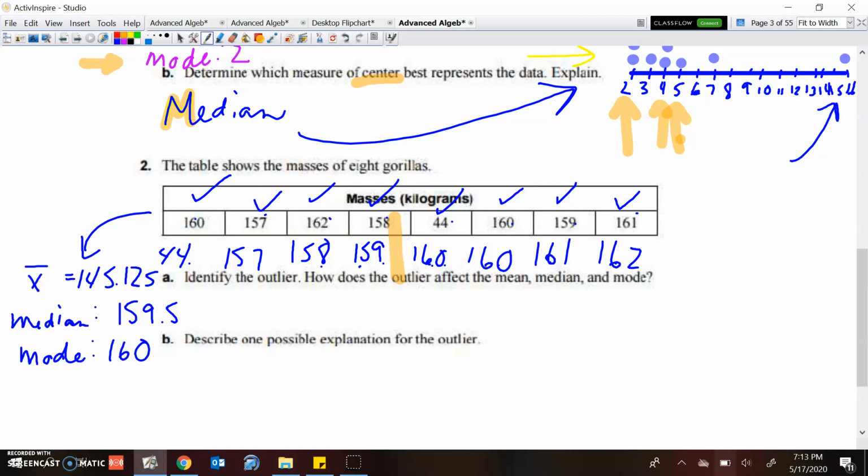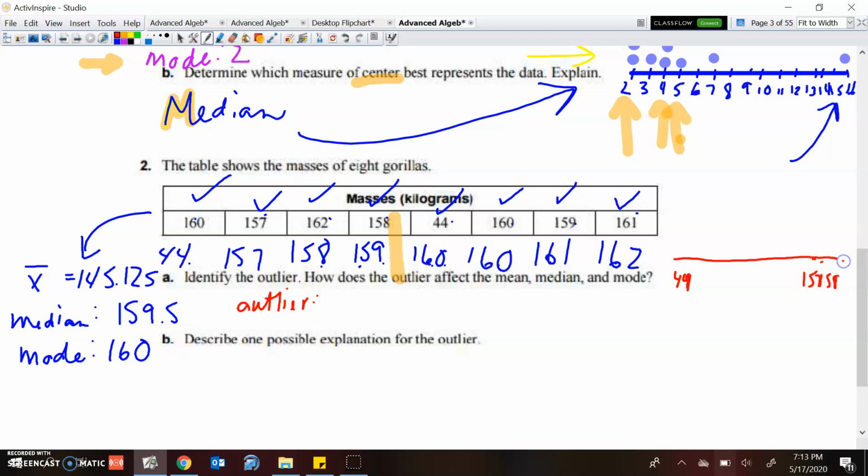Now, identify the outlier. In this case, if I look at my numbers, I could make a dot plot again, and I would see my first number is 44, and then there's this massive gap between 44 and the next number. It's not going to be till up here at like 157, 158.